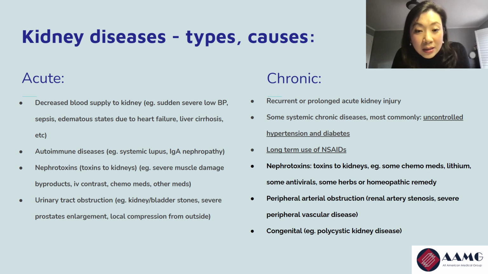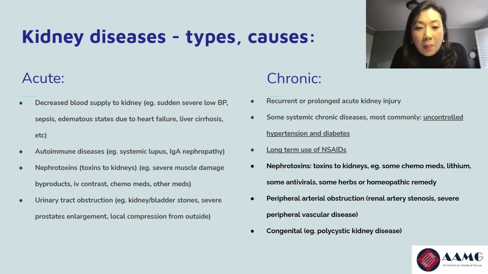Also, toxins to the kidneys: medications, chemo medications, IV contrast, which people sometimes need when they have a CT scan or MRI. Muscle damage, from car accidents, or rhabdomyolysis: people have a large amount of those byproducts, too much for the kidney to work on, which will cause kidney damage.